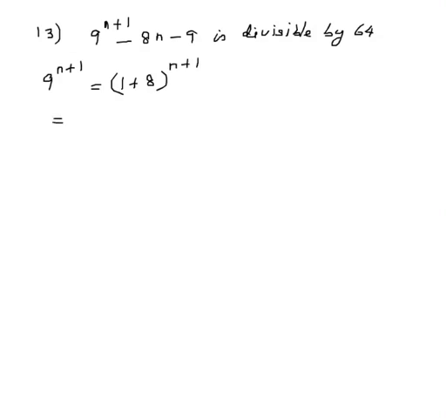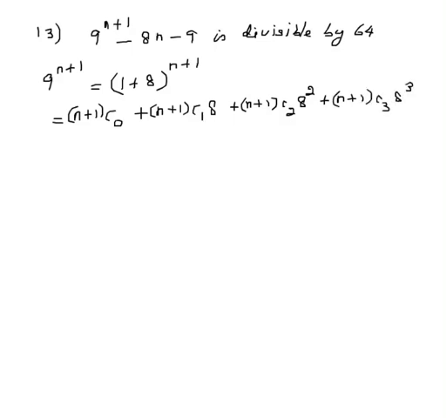Now use the binomial expansion. n plus 1 C0 plus n plus 1 C1 times 8 plus n plus 1 C2 8 square plus n plus 1 C3 8 cube, etc. The last term will be n plus 1 C n plus 1, 8 raised to n plus 1.